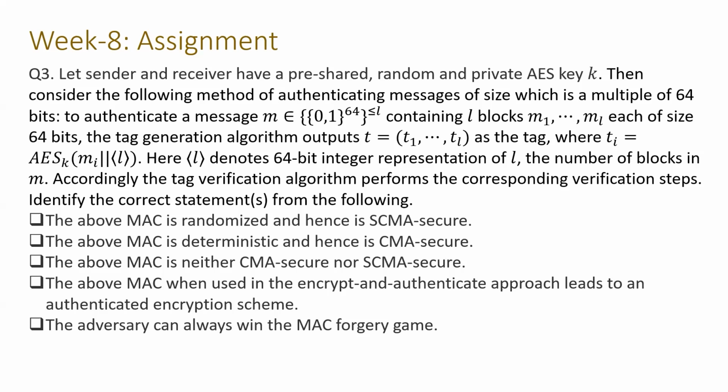Clearly, this is a valid tag for the message M2 M1, because T2 is indeed a valid tag for block M2, and T1 is indeed a valid tag for M1. So the adversary is able to come up with a valid message-tag pair by reordering the messages and tags.